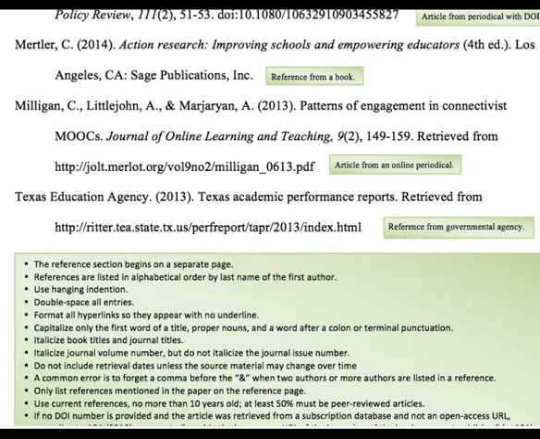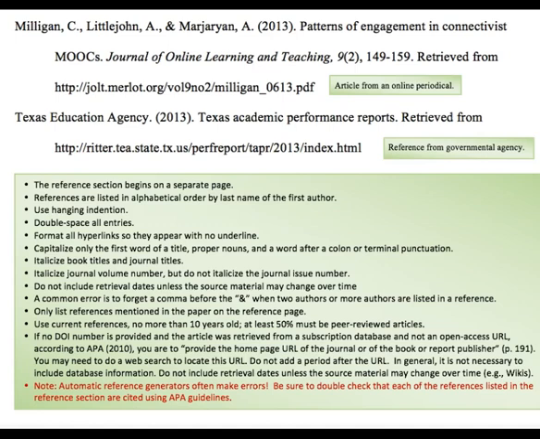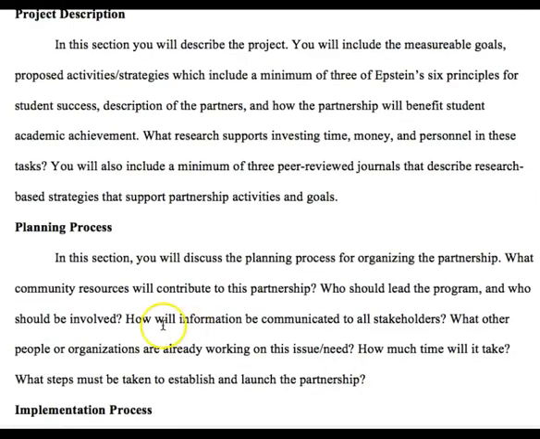These boxes will tell you exactly how to cite everything, so make sure that you're following that. Not only do you need to put it on your reference page, but you also need to cite your information in the body of your report.